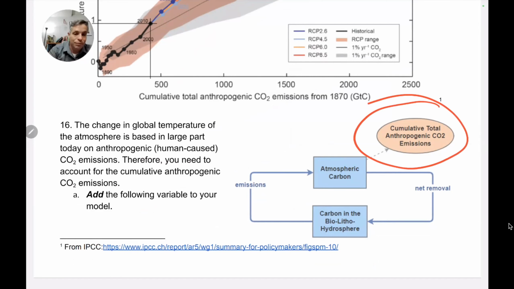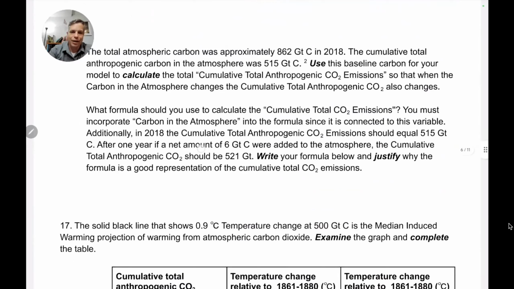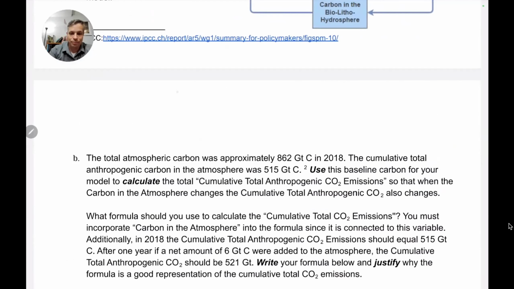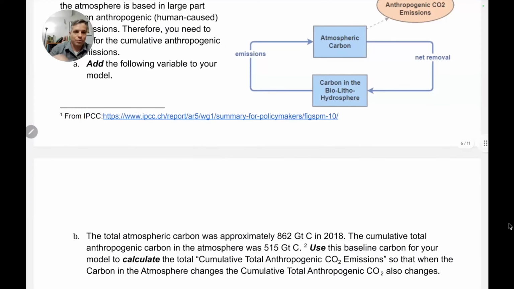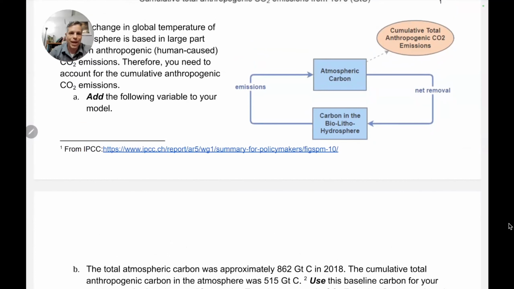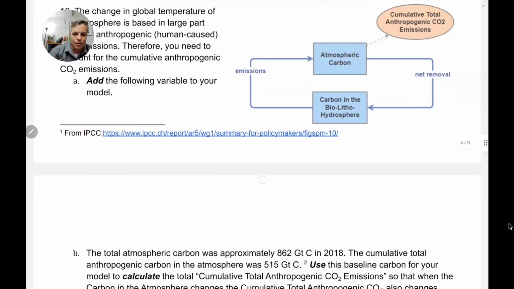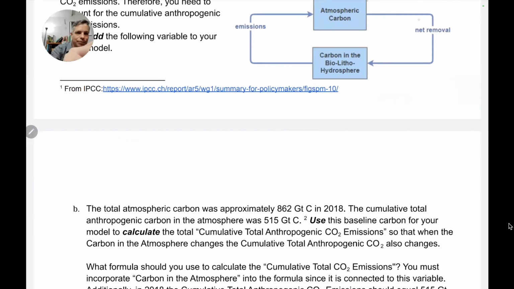So what would the cumulative total anthropogenic CO2 emissions be for their model? It's a little more complicated than you might think at first. So let's see here. I'm going to skip over the directions so I can show both things. What we have is there are 862 gigatons of carbon in the atmosphere, and the cumulative in 2018 was 515.